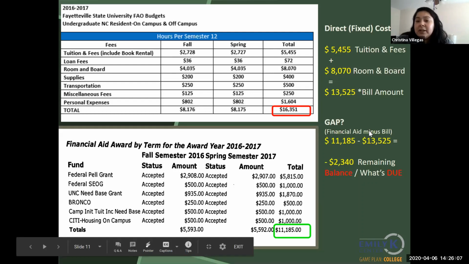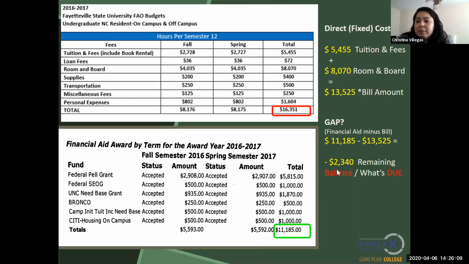For this student, if I do that formula, it is negative $2,340. That's my remaining balance, or that is what I will owe to the school. That is for the full year for Fayetteville State. $2,340 to owe to the school is not that much for the full year in the grand scheme of things.